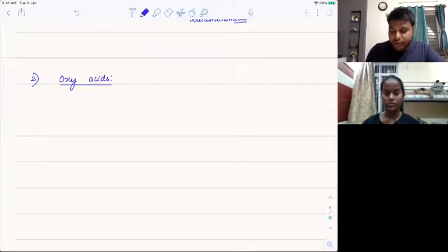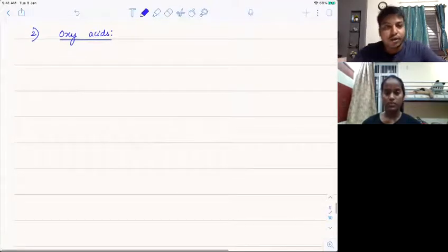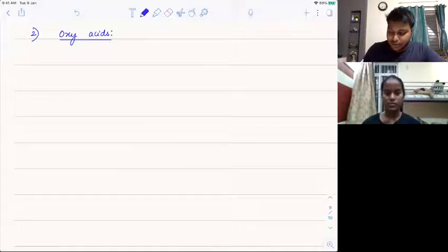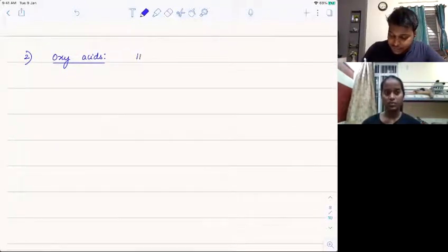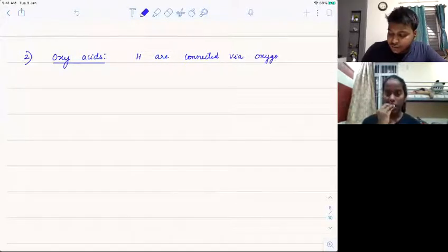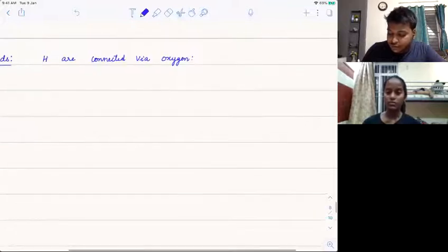Like I told you, oxyacids are those in which hydrogens are not connected to the central atom directly. They are connected via oxygen. Those are called oxyacids.